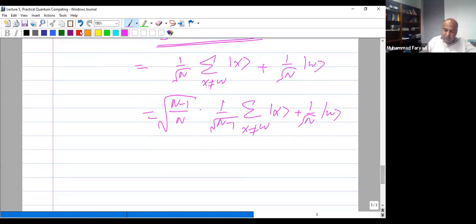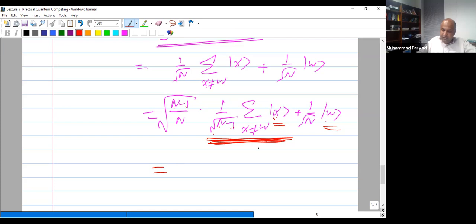And now this part, if you see, is a state which is perpendicular to W, because this doesn't contain W, and W is perpendicular to all of these. By multiplying with the square root of n minus 1 over here and dividing by it over here, I have normalized it as well, because there are only n minus 1 terms in this sum. If I divide by the square root of n minus 1, this is a normalized state.